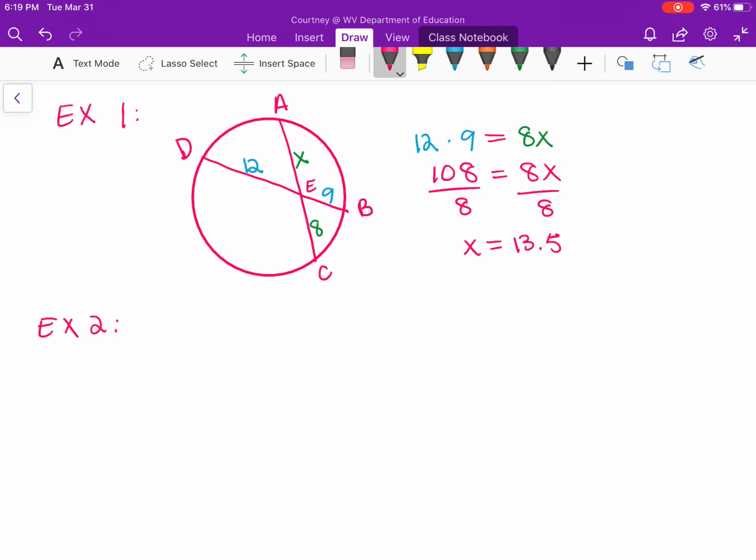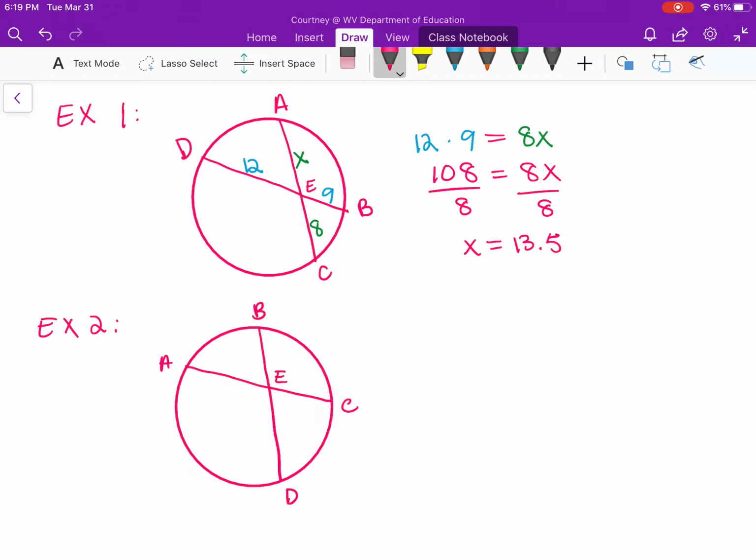This is example 2. We're going to use the same exact rule here. Draw your circle. This time AC goes this way, and BD goes down that way. And don't forget your E in the middle. We'll put AC in green. A to E is X plus 4.